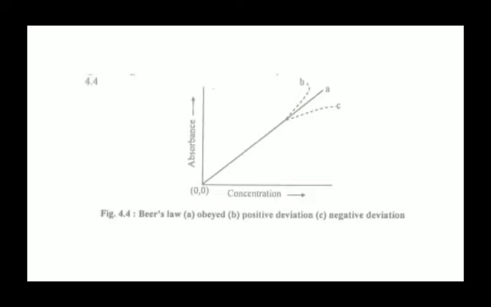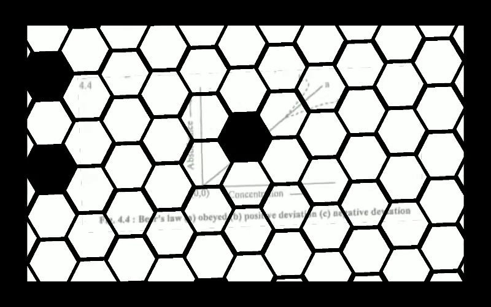Then it is called positive deviation. When the actual absorbance is less than expected, the curve is concave in the downward direction. Then it is called negative deviation. The positive and negative deviations from Beer's law can arise due to certain factors.